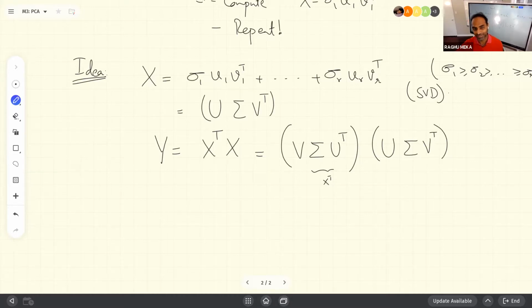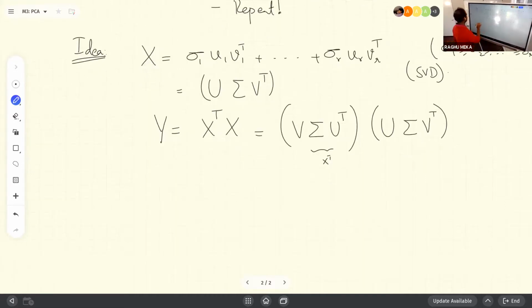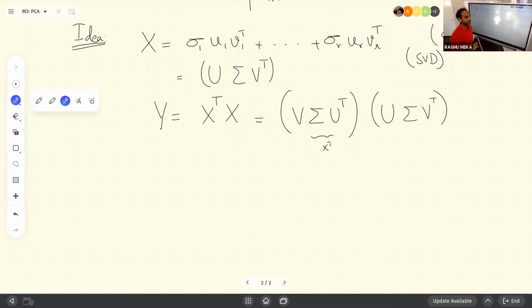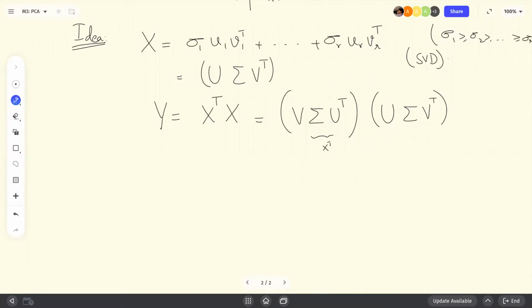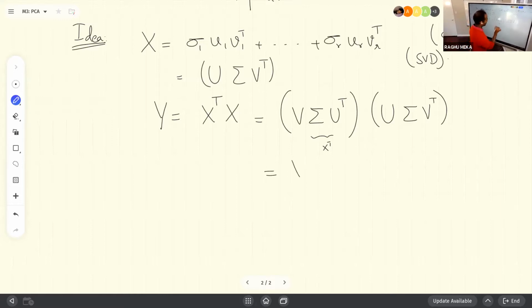What can I use to simplify this matrix? Any suggestions? I can group the parentheses differently and write it this way.